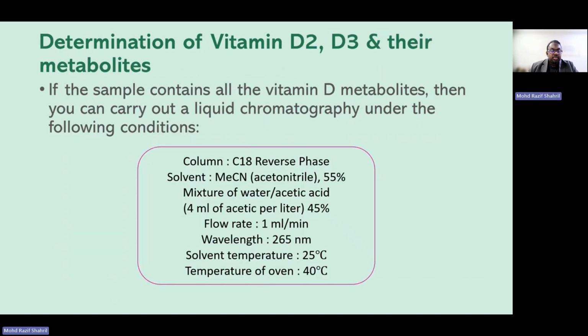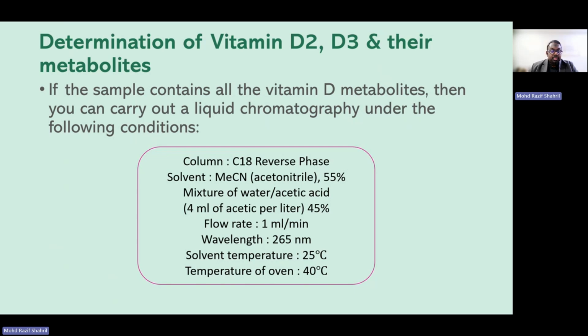For determining vitamin D2 and D3 and their metabolites by liquid chromatography, we use very specific conditions. We use a C18 reverse phase column for this determination, and the solvent is a precise mixture of 55% acetonitrile and 45% water or acetic acid.